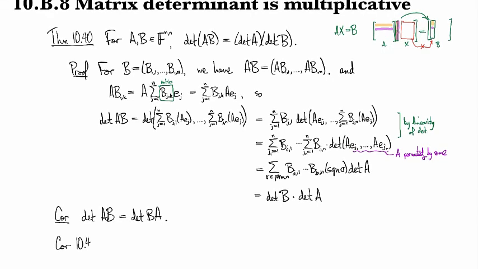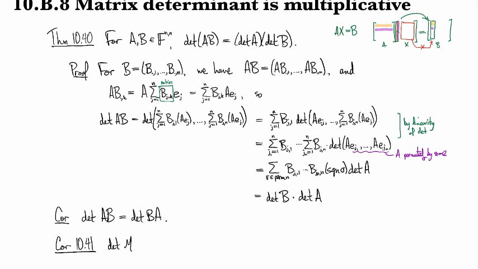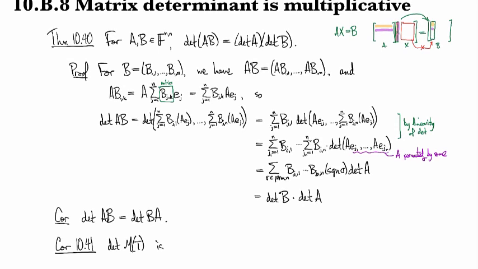And then we get another easy corollary, which is actually really useful, and that is that the determinant of the matrix of T is independent of basis.